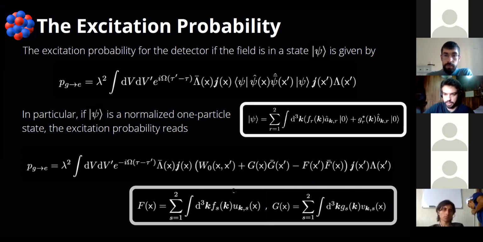So the thing is, in this case, if you consider an inertial detector in Minkowski, then what will happen is that the vacuum term will go to 0, the counter-rotating term will go to 0, and only the antiparticles will excite the detector.